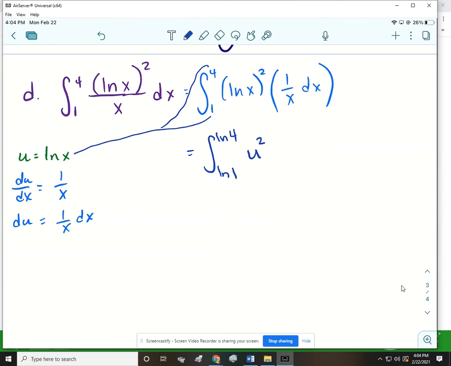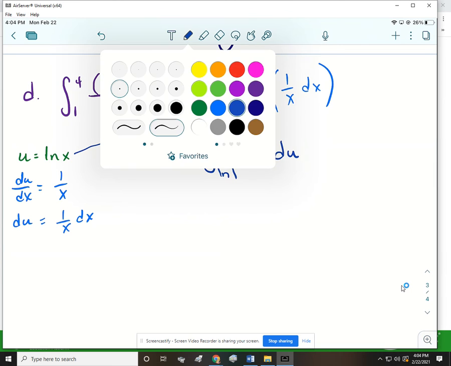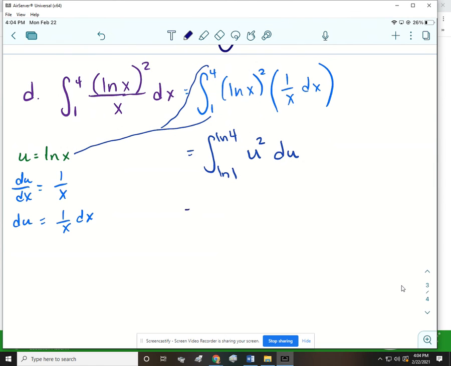And then in the place of 1 over x dx, I'm going to put du. Okay. Then I will use my power rule for integration and add 1 to my exponent and divide by it. And I'm going to evaluate that from the natural log of 1 to the natural log of 4.